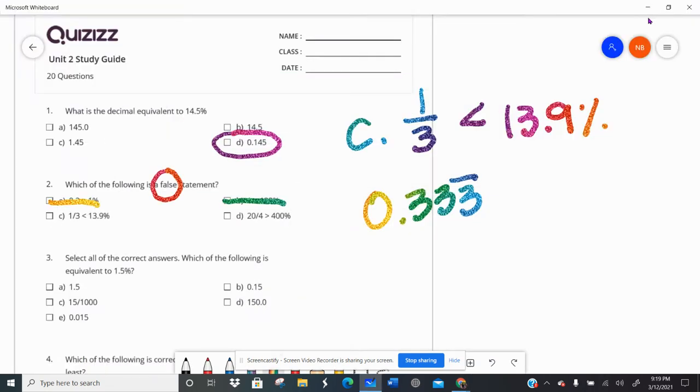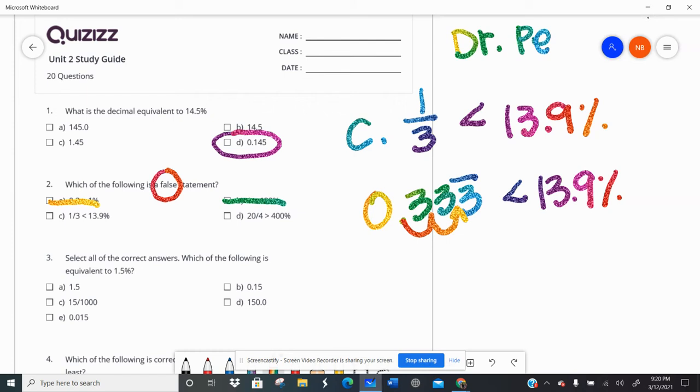So 1 divided by 3 is 0.33333, repeating. And this says that's less than 13.9%. Well, let's put them into the same form. Let's make them both percents. So I move my decimal. Ready? 1, 2 spaces, right? Remember, Dr. Pepper. If I have a decimal and I want a percent, I'm going to the right.